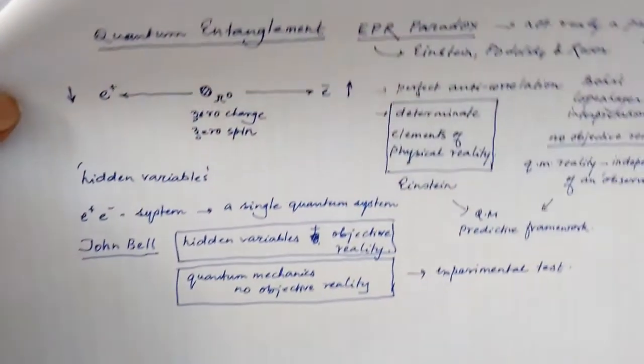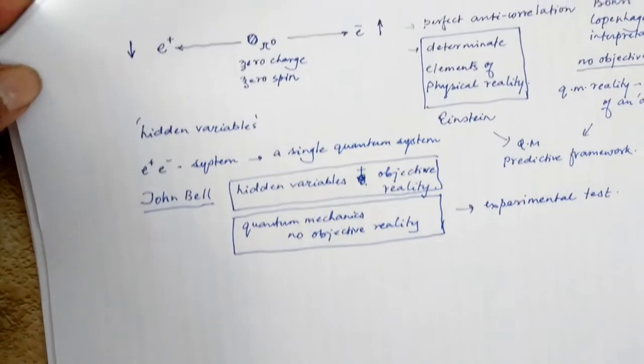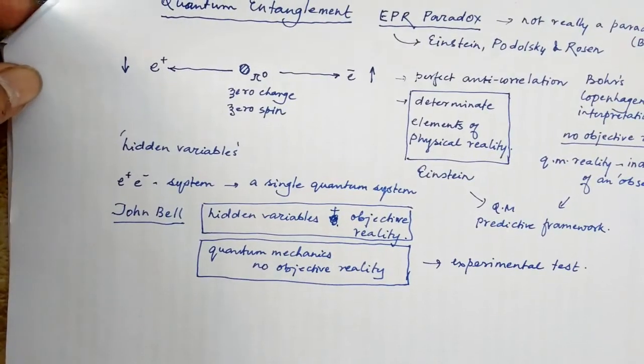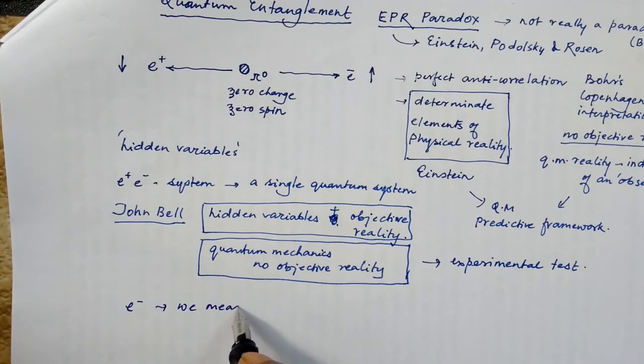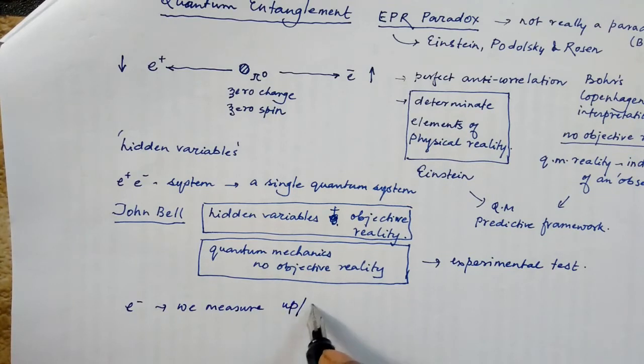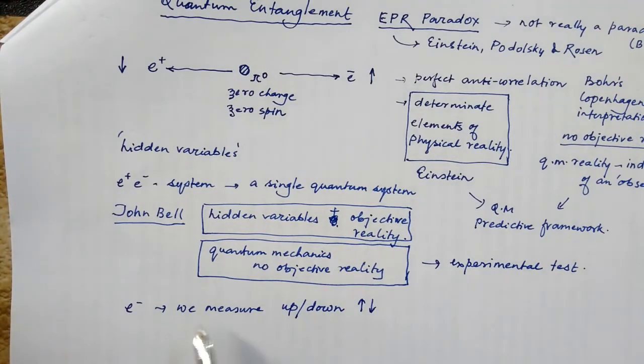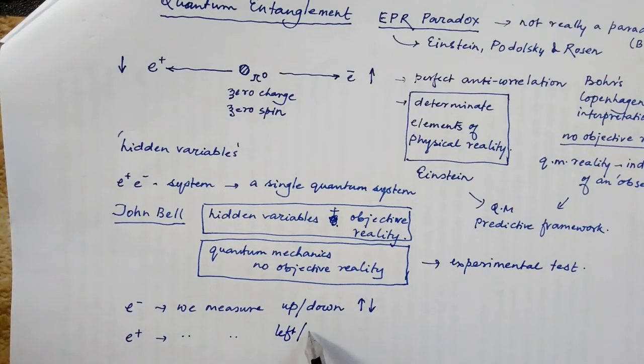So for the electron, we measure up and down, and for the positron, we measure left and right.